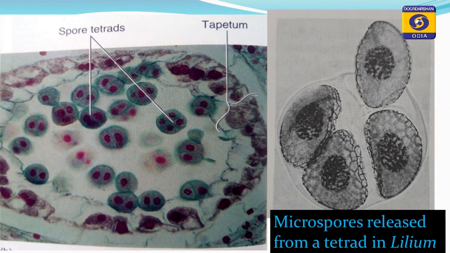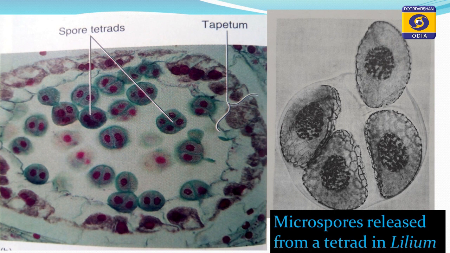These microspores are formed in a group of 4 called a spore tetrad, and they are glued together and become free from each other subsequently.